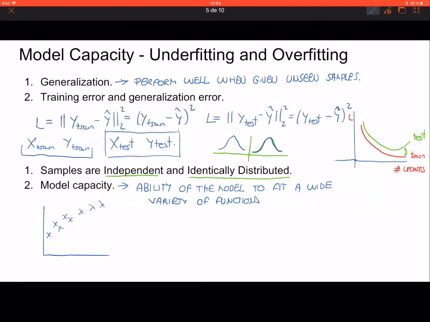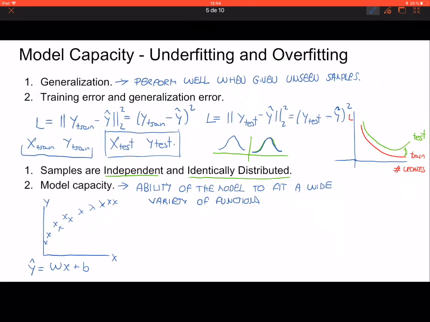So if the model capacity is very restricted, if the model capacity is not high, we could have a model like this one, and this is just linear regression now, but it applies for neural networks as well, which will look like this: Wx plus b. This is x and this is y.